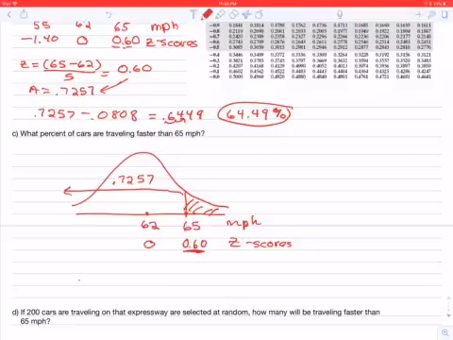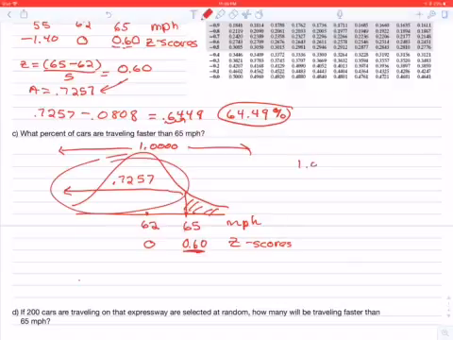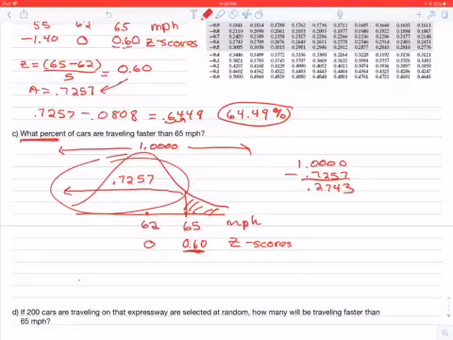What we have to do is take the whole area, the area of the whole curve, which we know is 1, or 100%, and subtract that part that we don't want. So it's 1 minus 0.7257, and that gives me an area of 0.2743. And since what we wanted to know was what percentage of cars were traveling faster than 65 miles per hour, what I get is 27.43%.